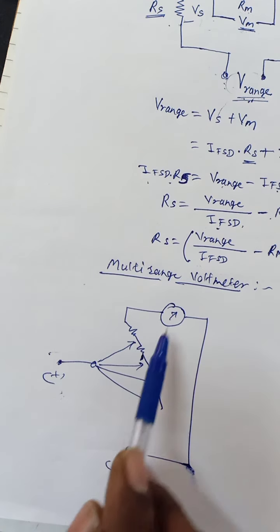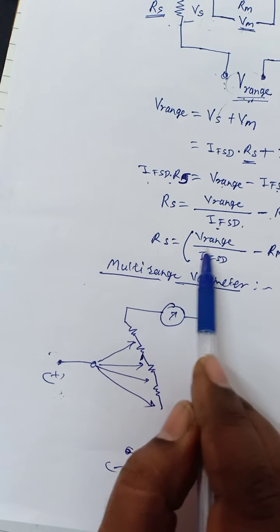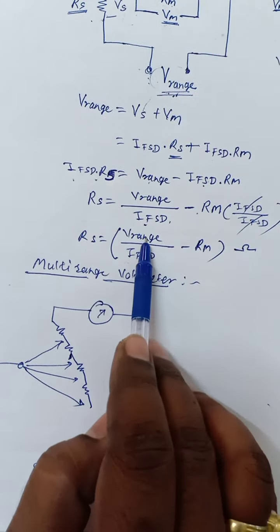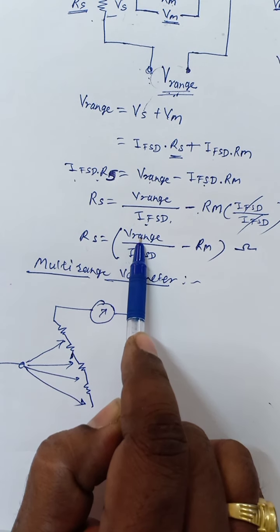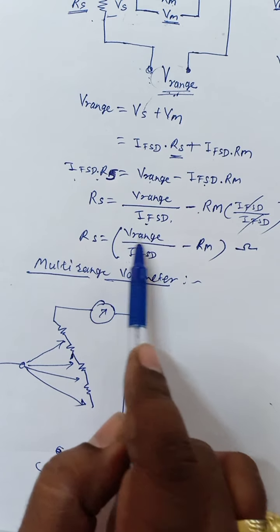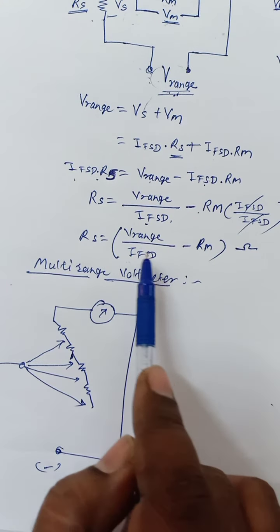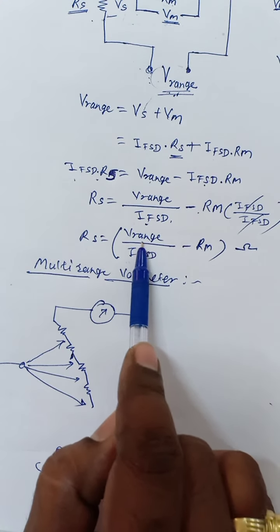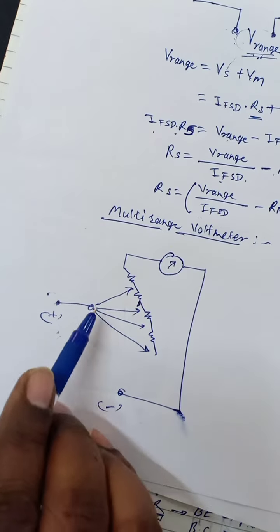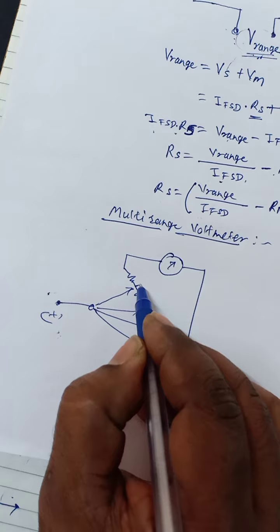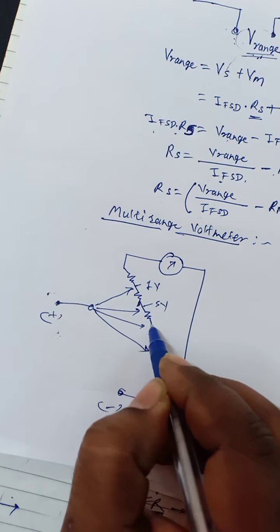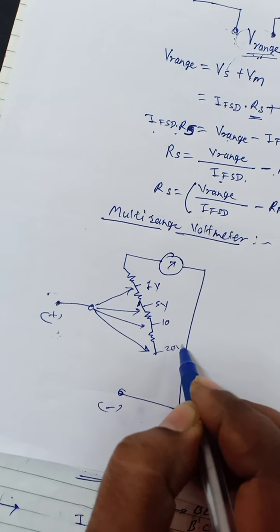As we observe here, the RS value increases with V range, because V range is in the numerator. As V range increases from 1 volt to 2 volt, 2 volt to 5 volt, 5 to 10 volt, the numerator factor increases and RS also increases. So this is say 1 volt, this may be 5 volt, this may be 10 volt, this may be 20 volt.